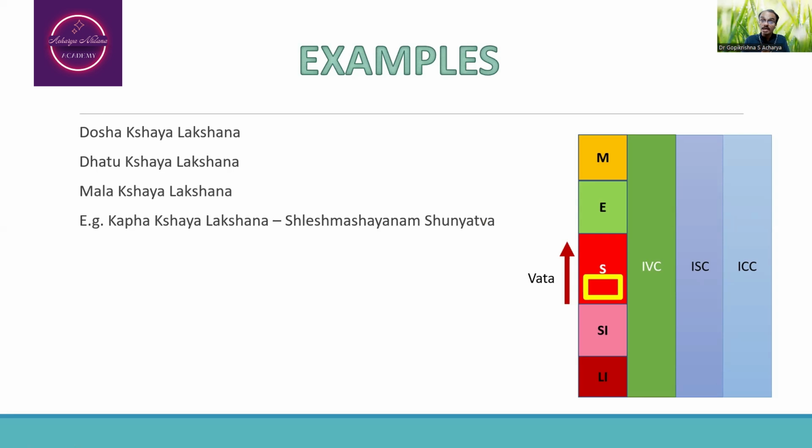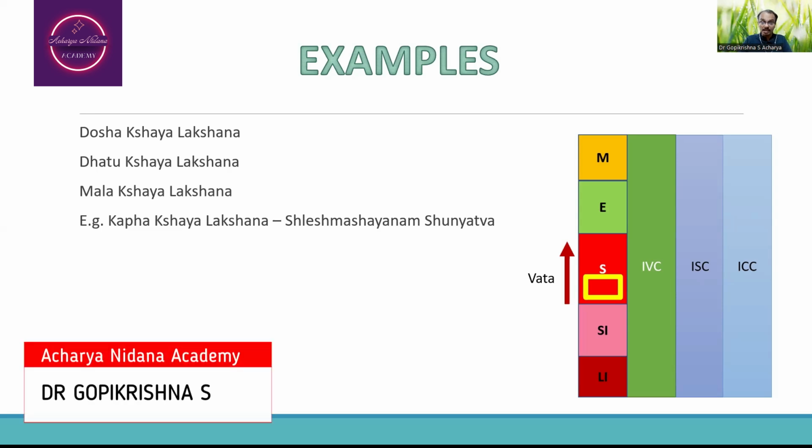So there may be a possibility of dysfunctioning of Samanavata. So the Kaphakshaya is leading to the increase of Vata dosha in the body, that too in the alimentary canal here.